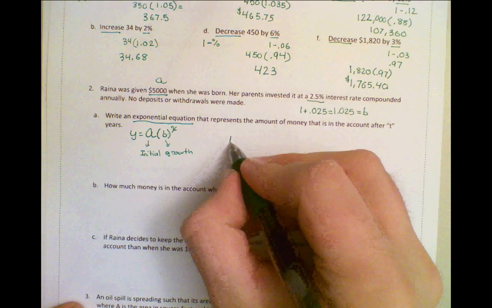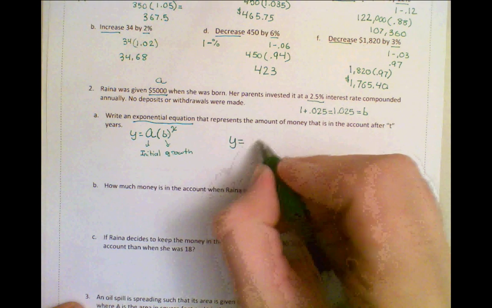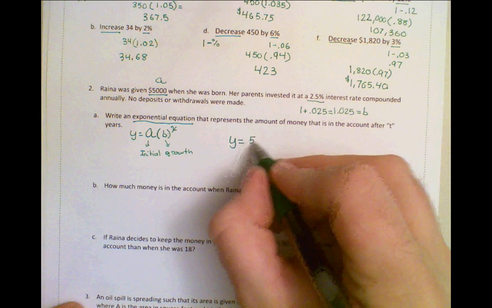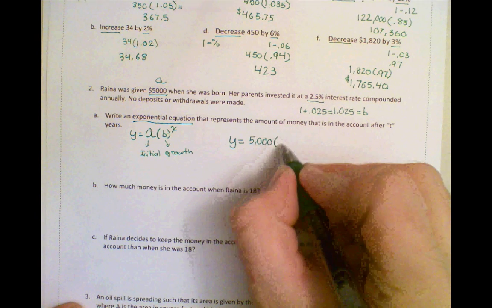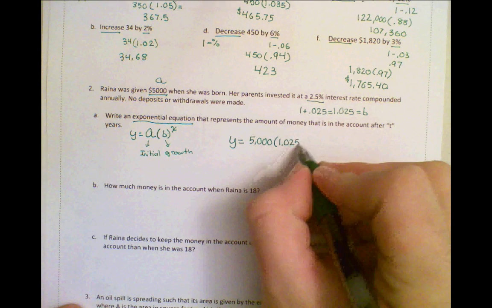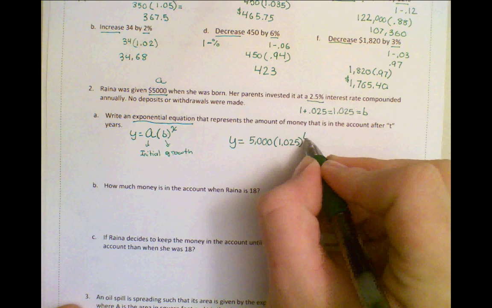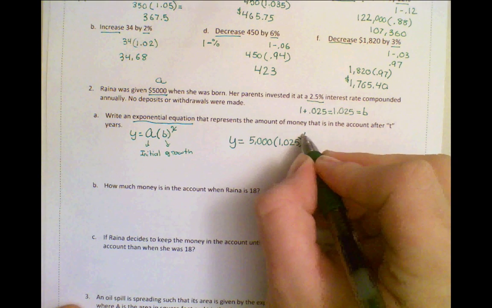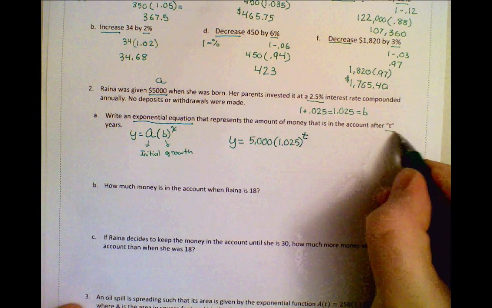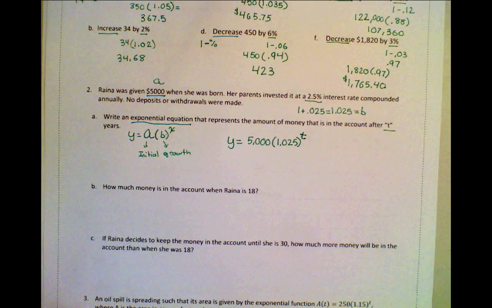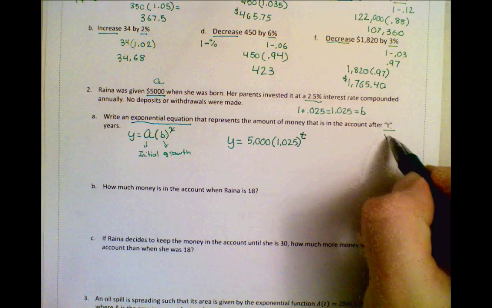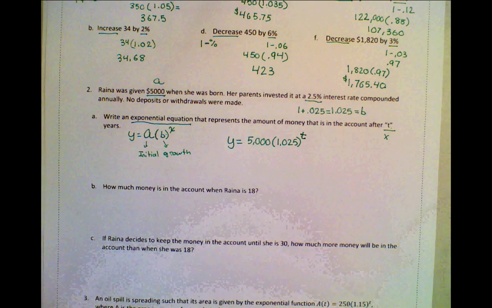So all you got to do is plug it in. Y equals 5,000 times 1.025 raised to the t in this case, because we're dealing with the number of years. Sorry, I forgot to mention that. T is going to be our x in the problem.